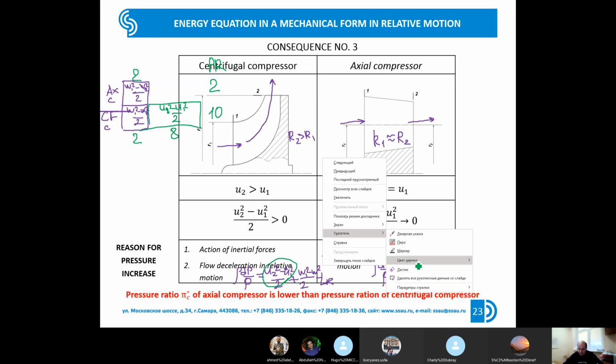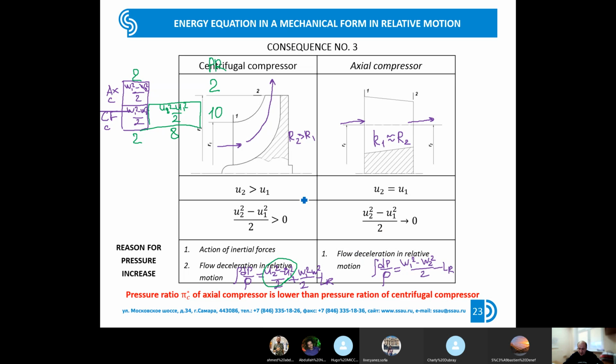let's imagine we have a centripetal compressor. In a centripetal compressor, the flow comes inside the rotor wheel at the upper radius and comes out to the lower radius.